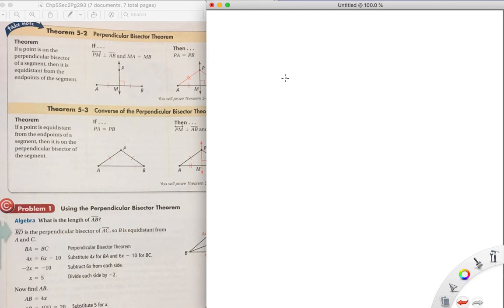If we have a line segment, AB, and a line that goes through the segment such that it cuts it in half, and it's perpendicular to the line segment. So we have here line PM. Line PM cuts AB in half. That's what bisecting means, to cut in half. And it's perpendicular. It forms a 90-degree angle.